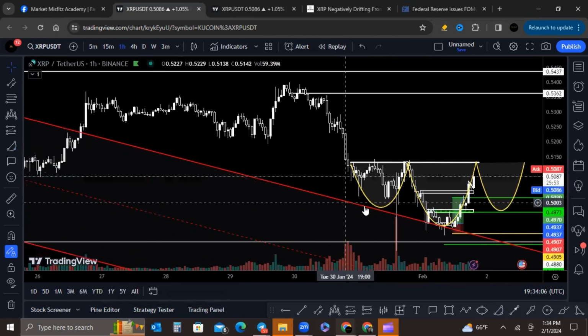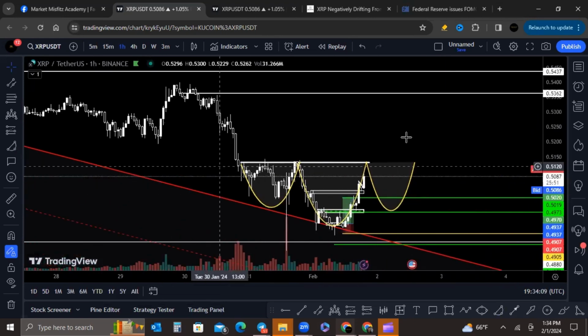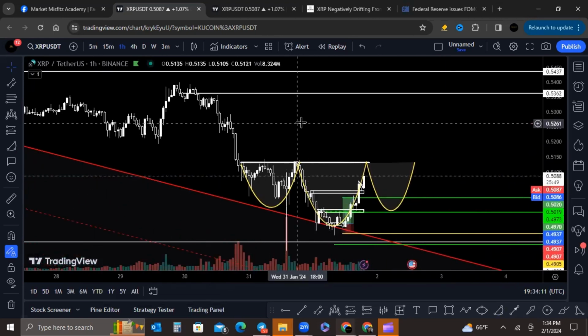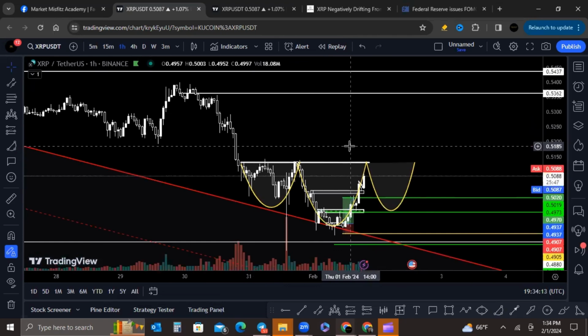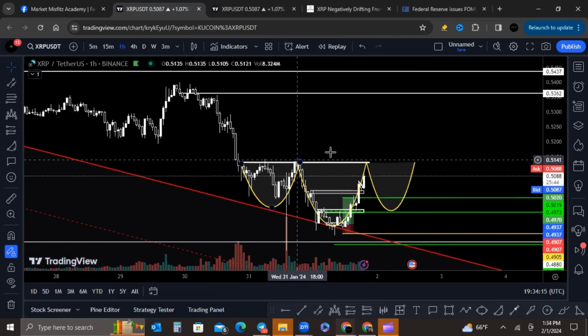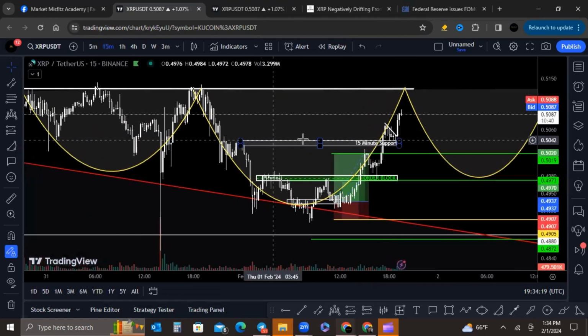Inverse head and shoulders right on the top of this. Again, we are outside of the weekly resistance trend. So this is pretty similar to what we were seeing over there on the larger time frames, but looking at it over here on the hour, let's take a look at the 15-minute.